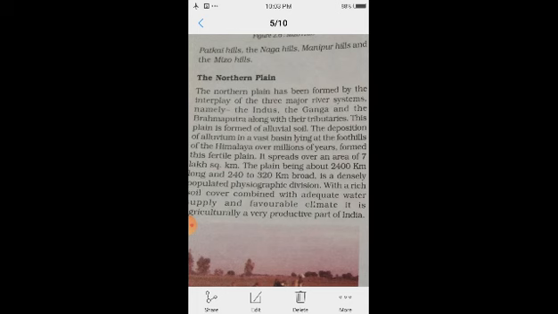How much long is it? 2400 kilometer long, this Northern Plain, and 240 to 320 kilometer broad. The Northern Plain is very densely populated.